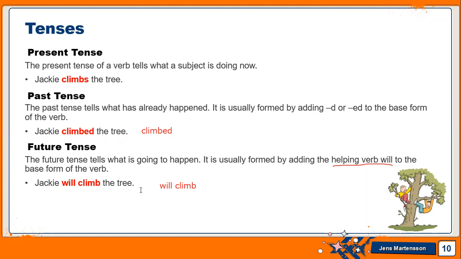Then the future tense, I add will before the base form of the verb, and it represents an action that will happen in the future after now. Okay, now let's clear the drawings and move on.